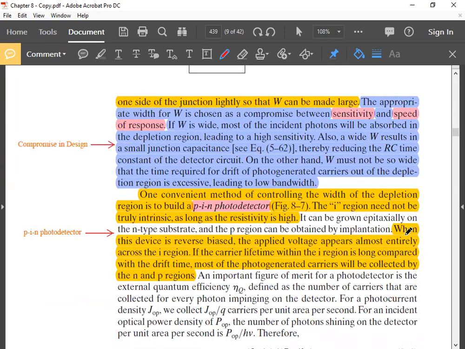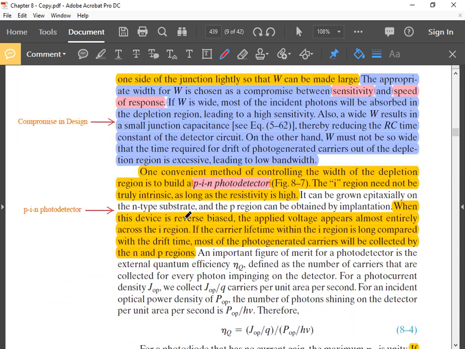When this device is reverse biased, the applied voltage appears almost entirely across the I region. If the carrier lifetime within this I region is long compared with the drift time, most of the photogenerated carriers will be collected by the N and P regions.